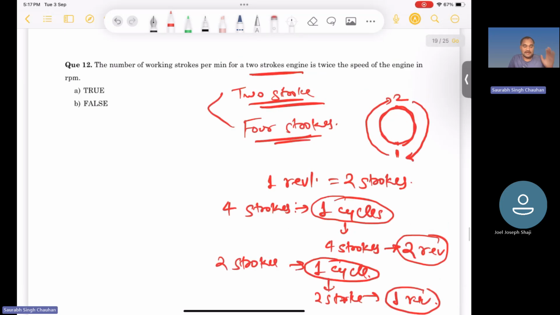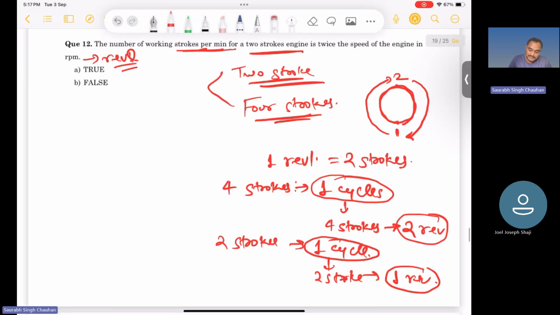So now we will return to the question and try to answer this. The number of working strokes per minute for a two-stroke engine is twice the speed of the engine in RPM. RPM basically is revolutions per minute. So is this the correct option? That is false, right?